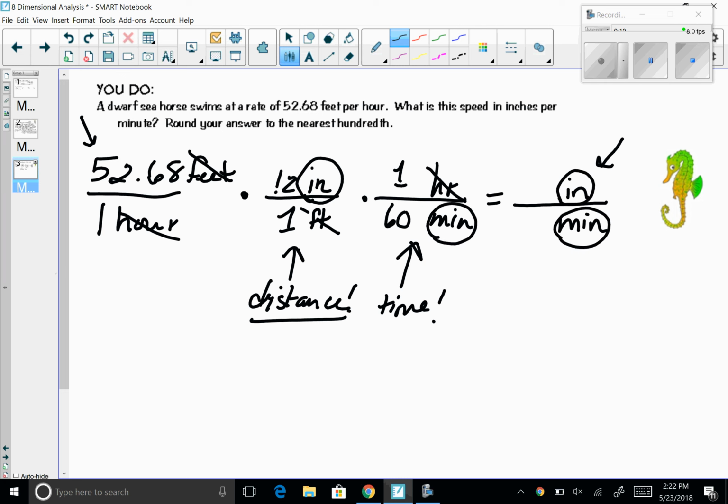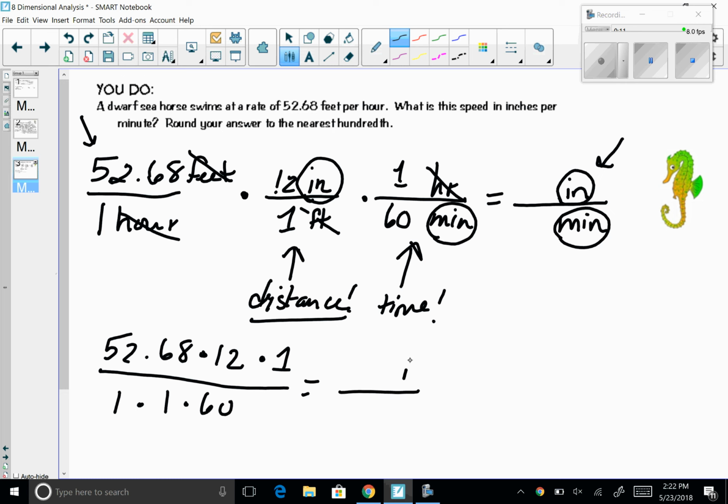So it looks like now I'm in a position to multiply. 52.68 times 12 times 1 all over 1 times 60 will give me a certain number of inches in a certain number of minutes. That's going to result in, when I multiply, 632.16 inches in 60 minutes.